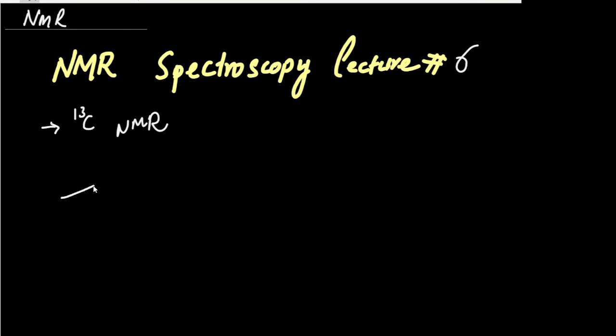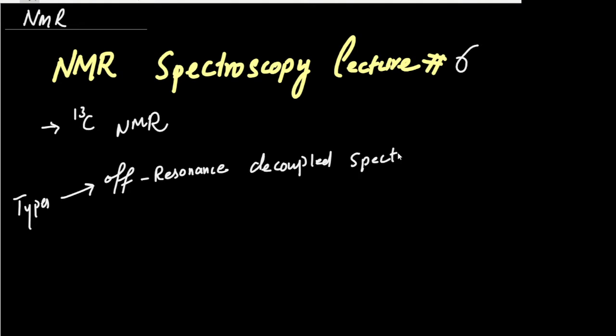One is the off resonance decoupled spectrum, and the other is broadband decoupling. So what is the off resonance decoupled spectrum?